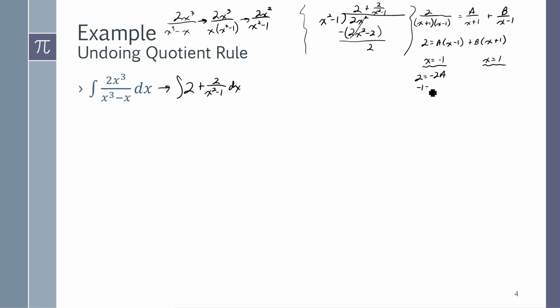So a is negative 1. If x is positive 1, I get 2 equals 0 plus 2b. So b is a positive 1. So this is now the integral of 2 plus negative 1 over x plus 1 plus positive 1 over x minus 1.